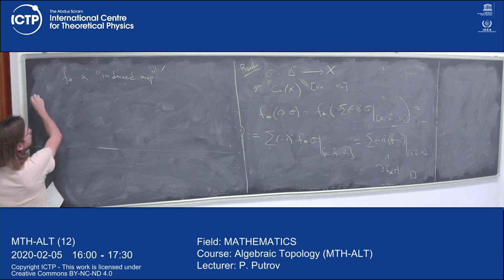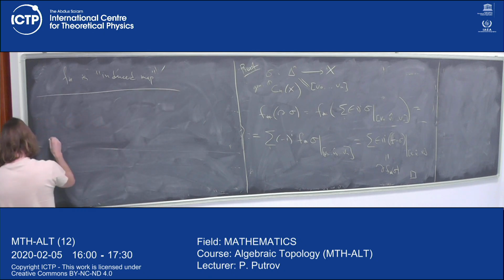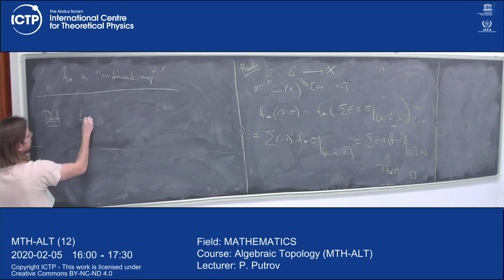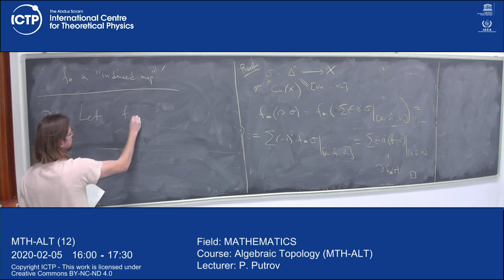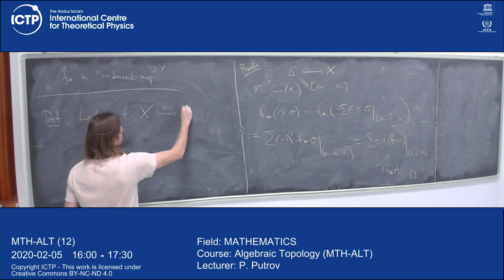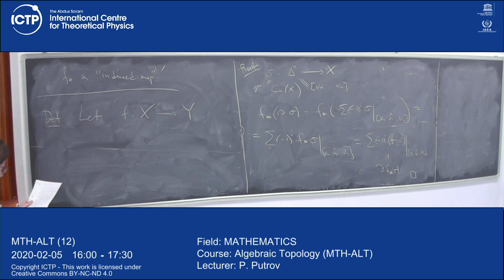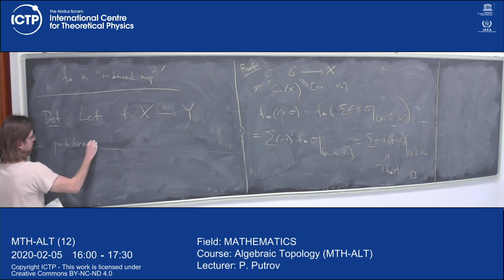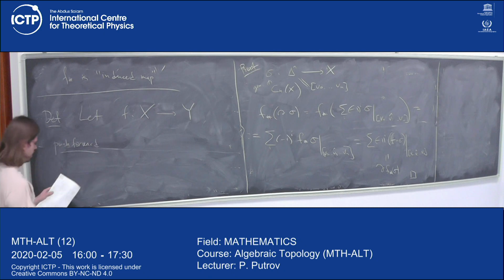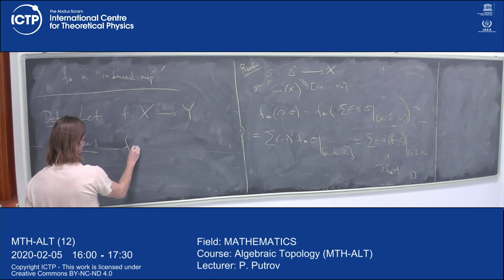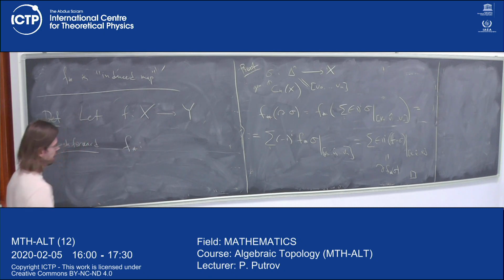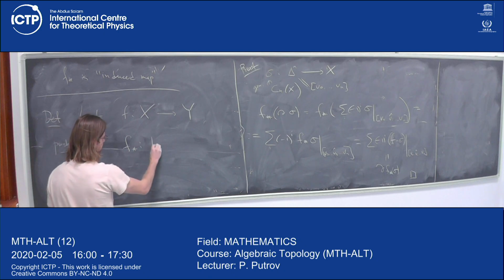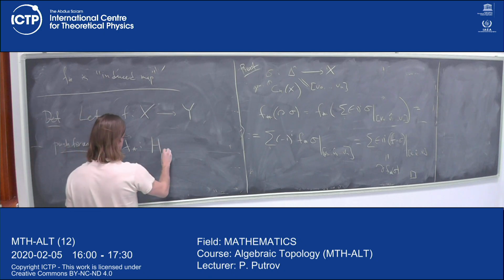Okay, so now using this statement, again I want to define a push forward, or a mapping just on homology, denoted by F star, as before for the fundamental group.